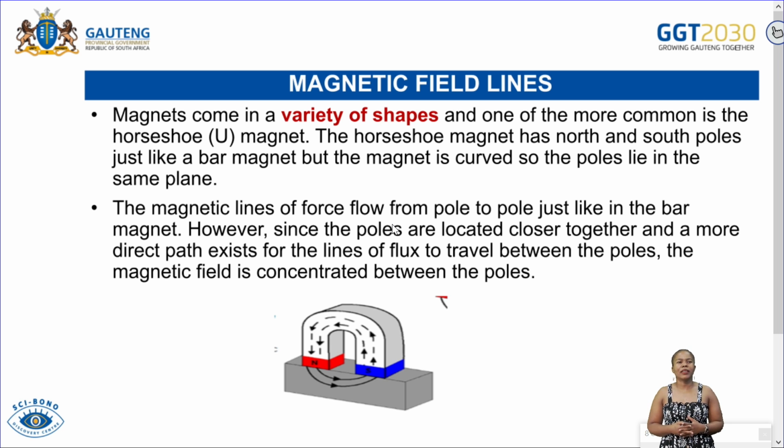Because the poles are located closer together, the direct path between these poles is more concentrated at the poles. You can see in the diagram the magnetic field line from the north to the south, then continuously inside the horseshoe magnet, and then on the outside again.